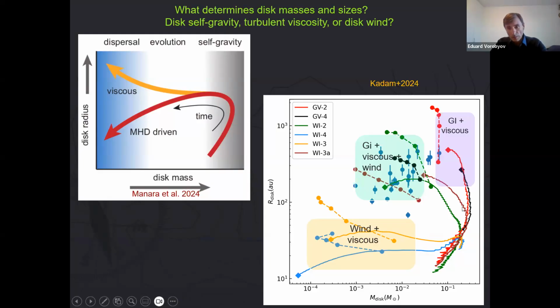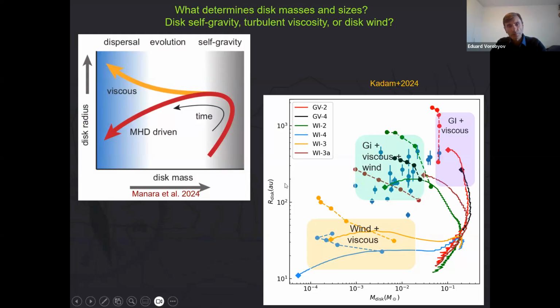We try to see this trend by running different simulation models: GI plus viscous disk but no MHD winds, then we add MHD winds, and then just winds plus viscous disk.